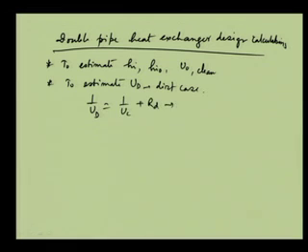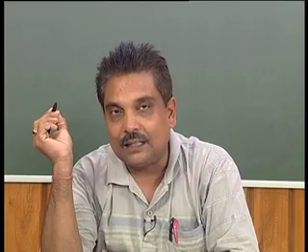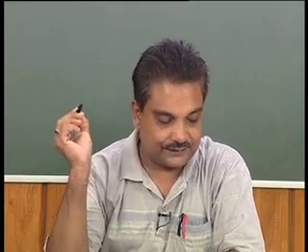RD is the dirt factor. Already we have seen that kind of factor, and UC is the clean overall heat transfer coefficient. UD is also an overall heat transfer coefficient which takes care of the dirt, that means another additional resistance due to the formation of scales. Okay.